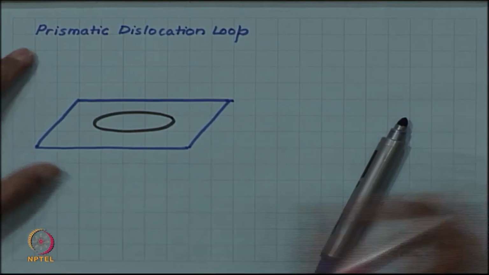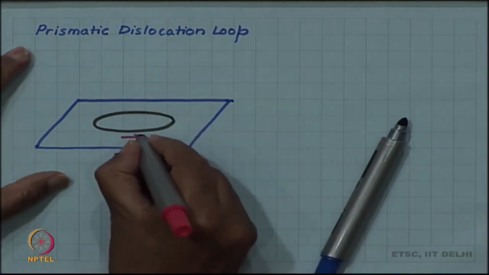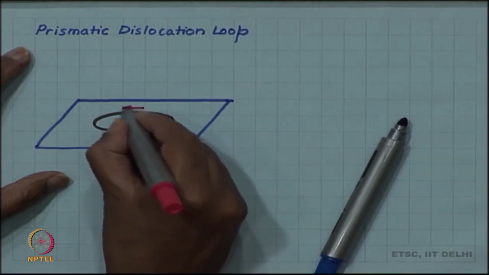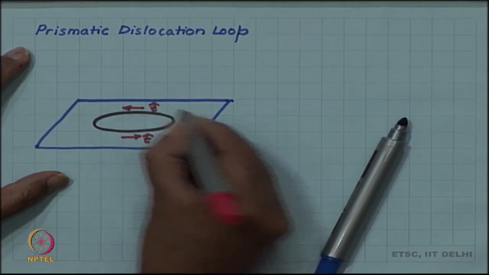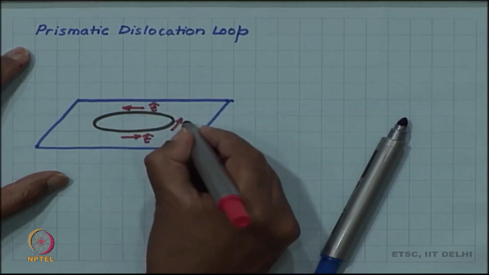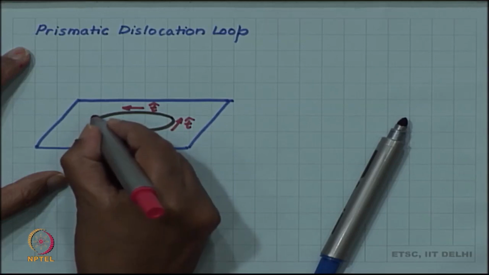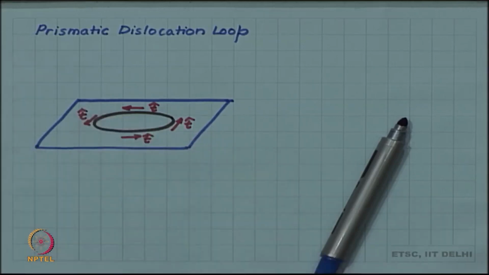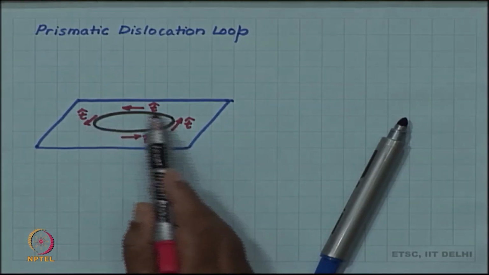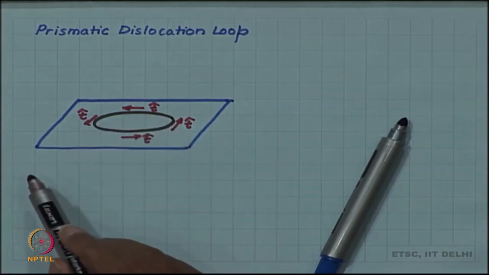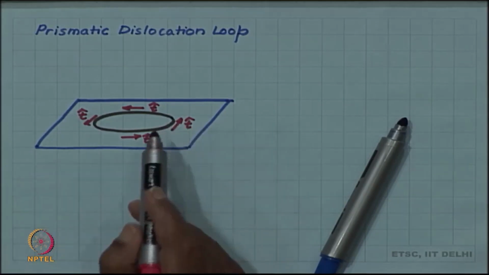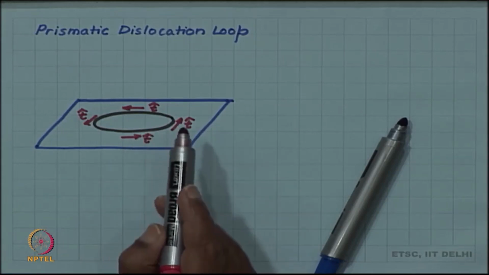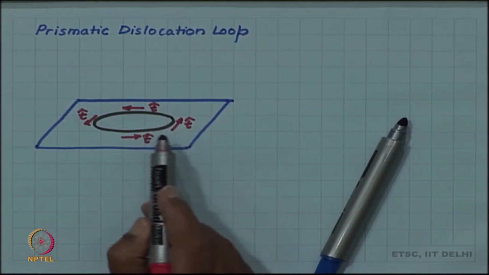Now, obviously, its T vector is tangent to the dislocation line and is changing its direction as I follow the dislocation line. So, how can I have this dislocation line become edge everywhere? For an edge dislocation, T and B should be perpendicular.